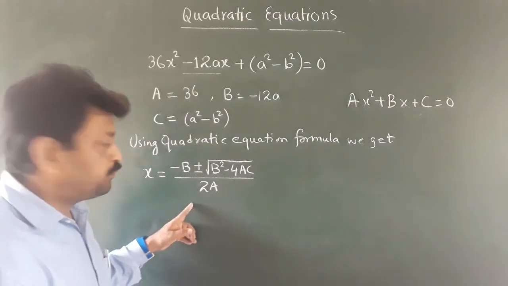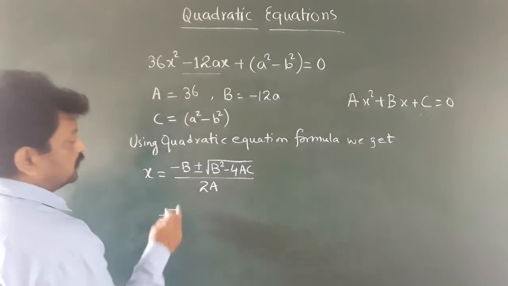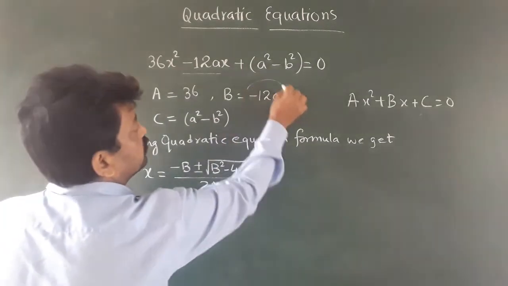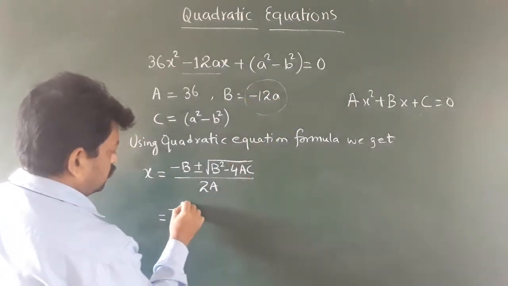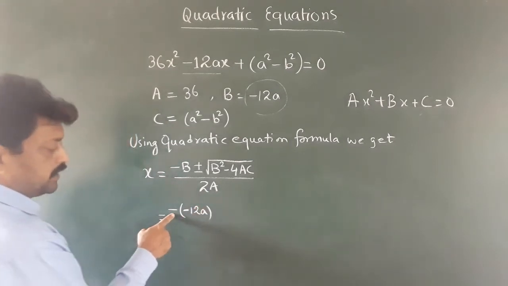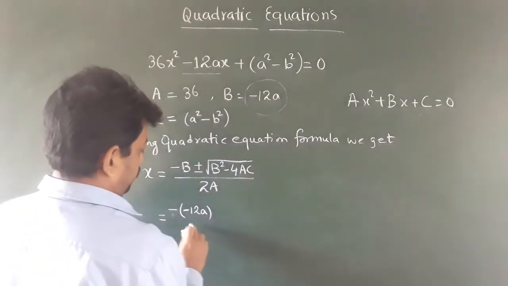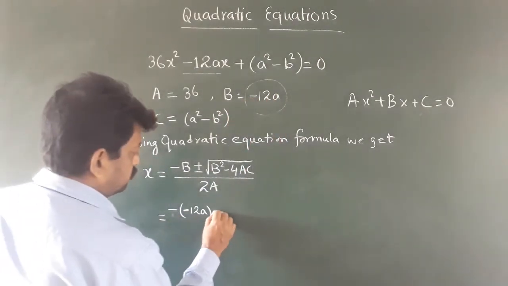So here we have to put the values of A, B and C. Minus B, what is B? B is minus of 12a. So minus of 12a, already minus sign is there, and B is also minus 12a, so bracket is used.